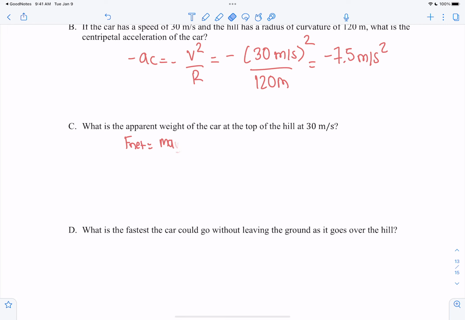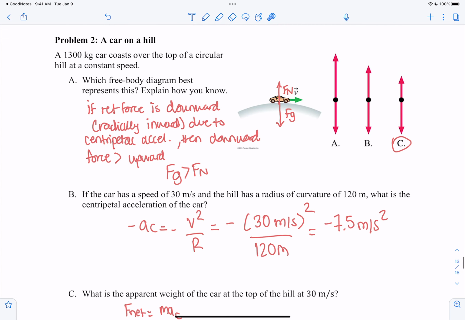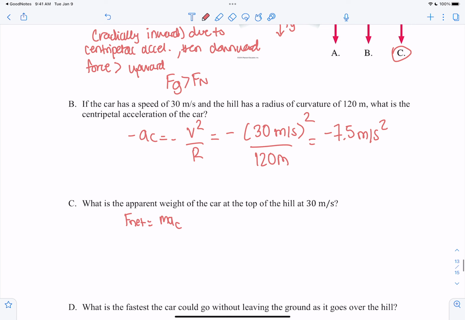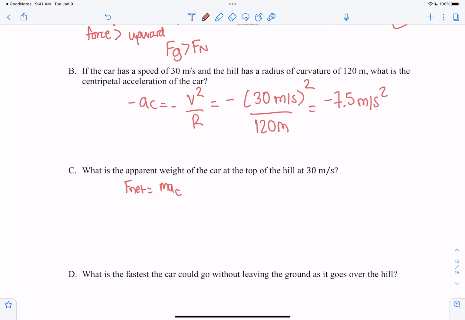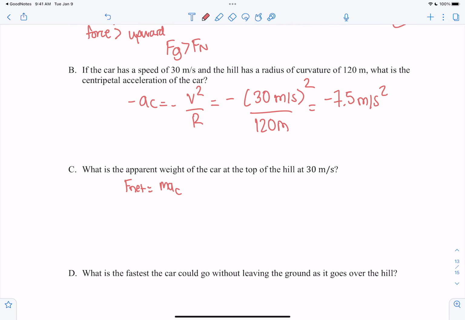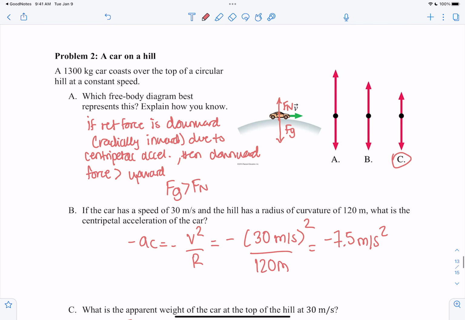And alternatively, we can even go ahead and just say m a_c from the beginning, because we know that there's a negative overall net force here, right? That's due to the centripetal acceleration. So we can just say m a_c right there, right? Because we know that the net force is dependent basically on centripetal acceleration in this case, because this is a circular path that we're traversing, right?